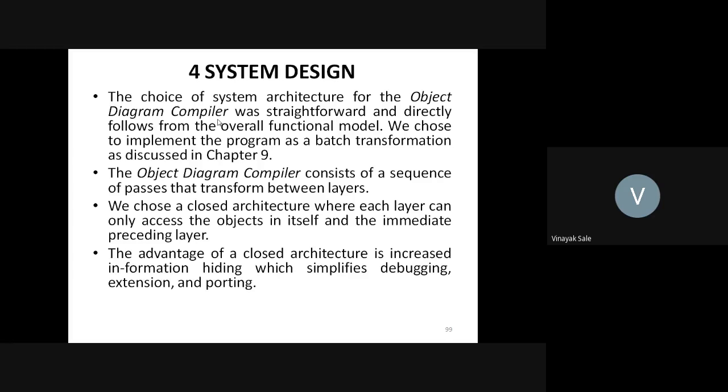We select a closed architecture where each layer can only access the objects in itself and the immediate preceding layer. The advantage of closed architecture is increased information hiding, which simplifies debugging, extension, and porting.